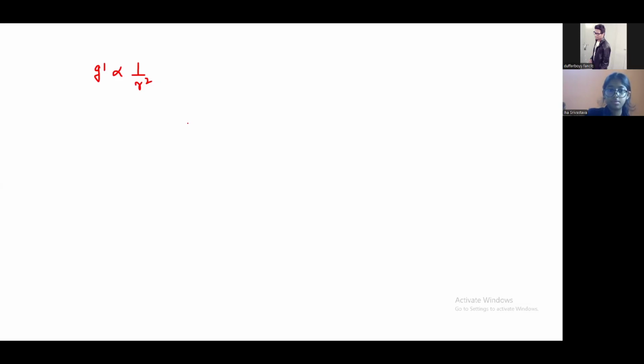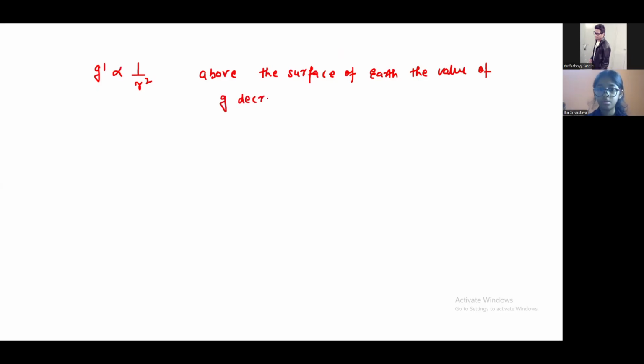So above the surface of earth, the value of g decreases, because g dash is inversely proportional to r square.